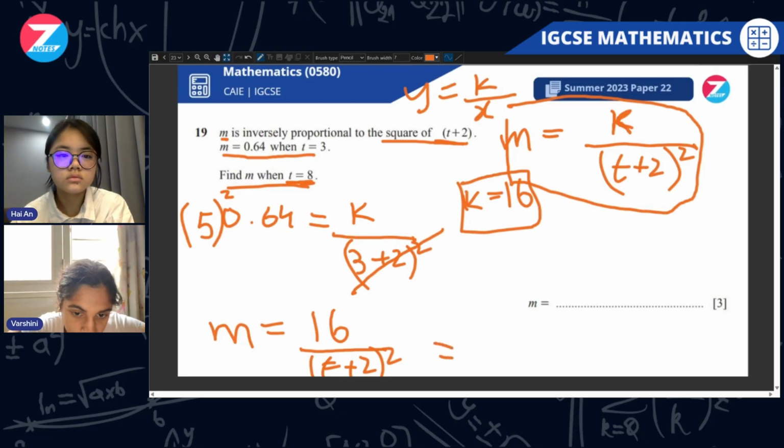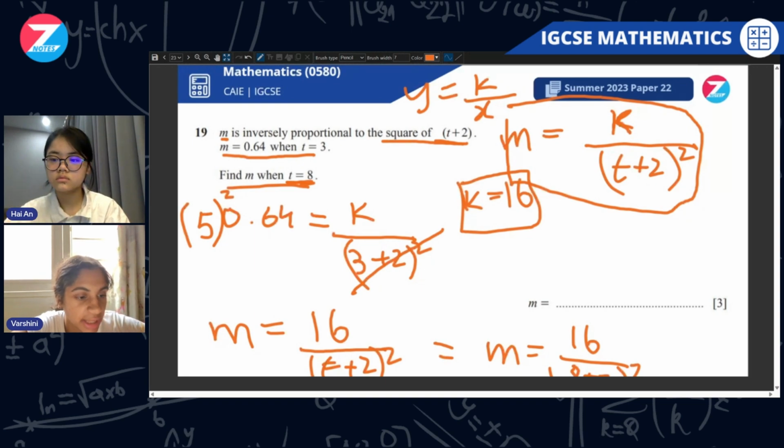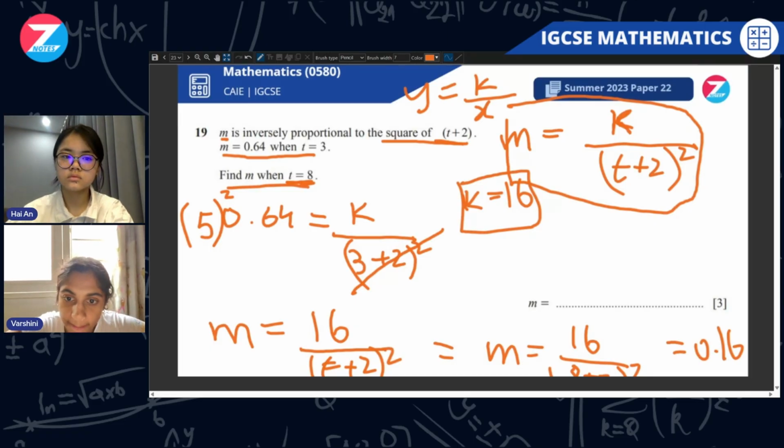So m equals 16 by 8 plus 2 whole squared, which is just 10 whole squared, really. Hold on. 8 plus 2 whole squared. So now, if we put this in our calculator, 16 divided by 10 squared, we should get 0.16. And that is going to be our value of m.